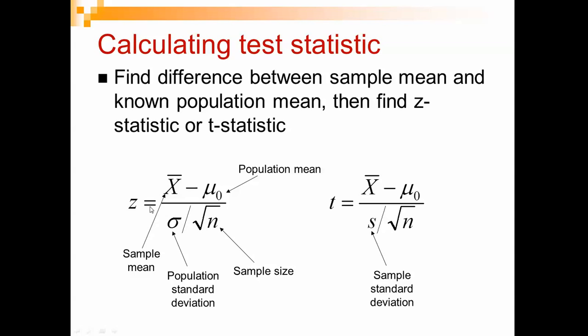Then we divide that value by the population standard deviation divided by the square root of the sample size. And you'll see that the t statistic is calculated in a similar manner. The only difference is we don't have the population standard deviation. If we did, we'd use the z-score, and so we use the sample standard deviation.